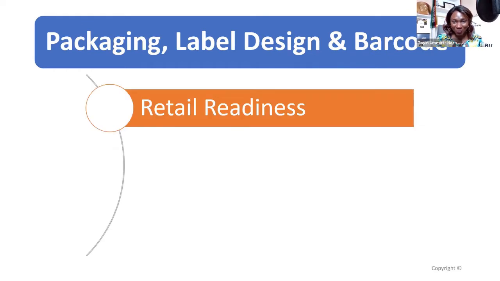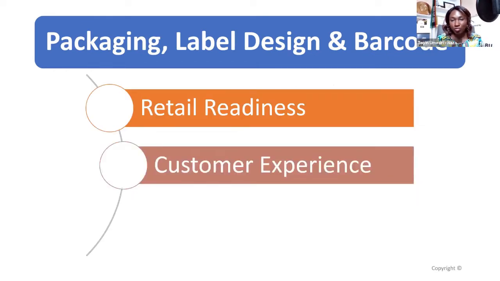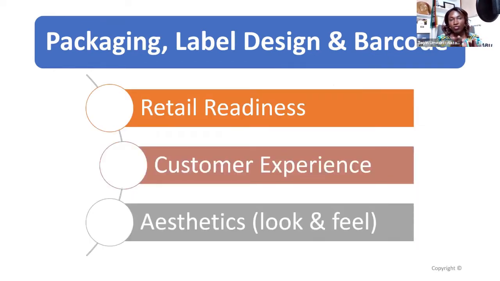Now, packaging label design, we already discussed it, but let me quickly share some as well. There's something we call retail readiness. For you to have a product on a mainstream shelf, if you want it to go mainstream, retail readiness is very, very intense in the sense of your barcodes, right?